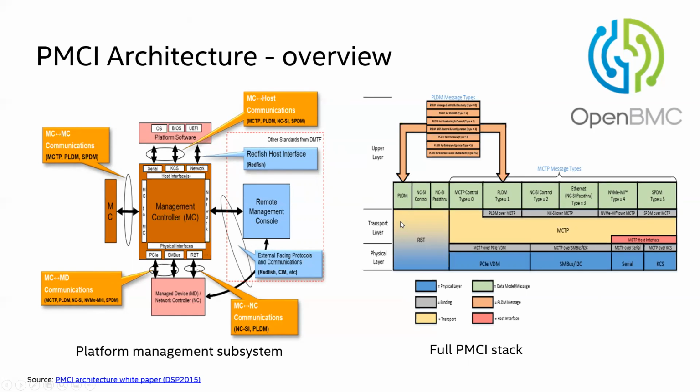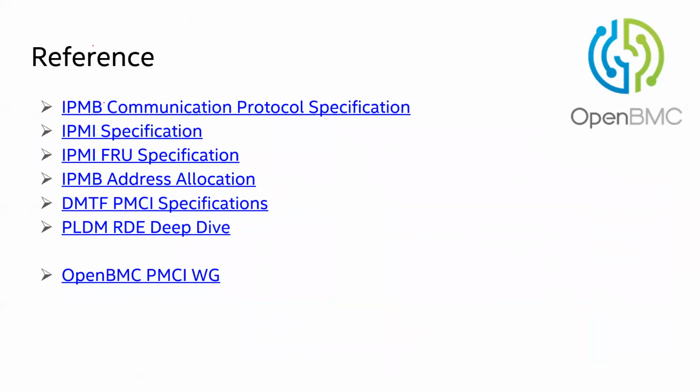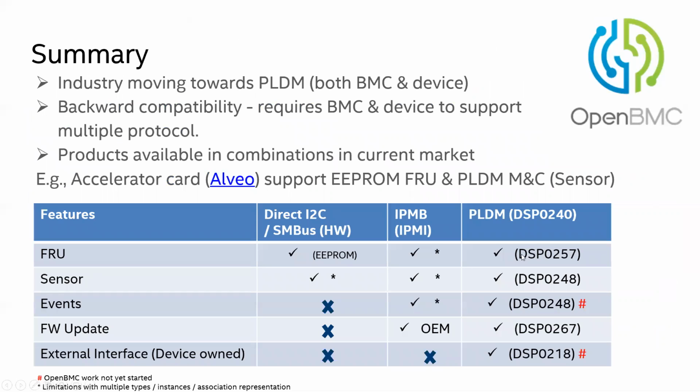Great. Yeah. So can you talk about anything that is upcoming in the next 6 months or 1 year in OpenBMC? Okay. So currently we are in active development of FRU, sensors and firmware update. So this is what we are targeting.